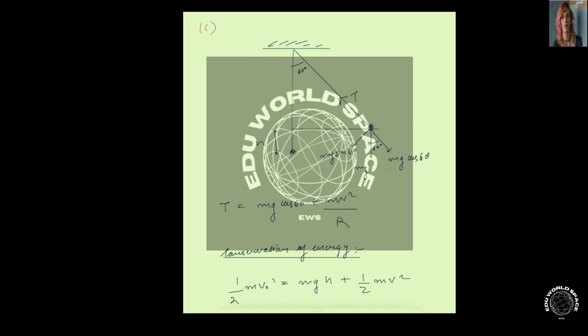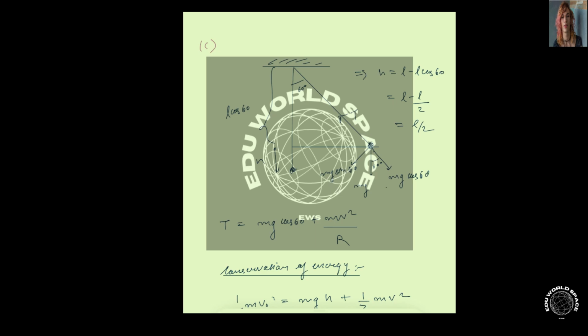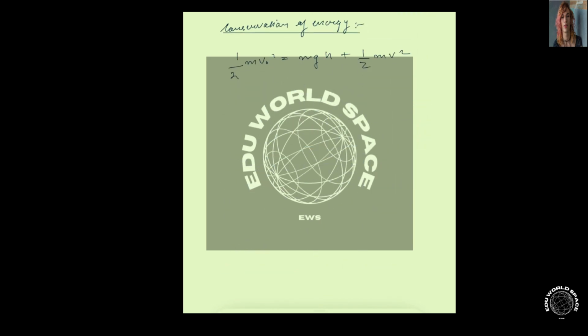This is L, so this will be L cos 60, which implies h is equal to L minus L cos 60. L minus L cos 60 is L by 2. So this is not according to scale, but h is equal to L by 2.